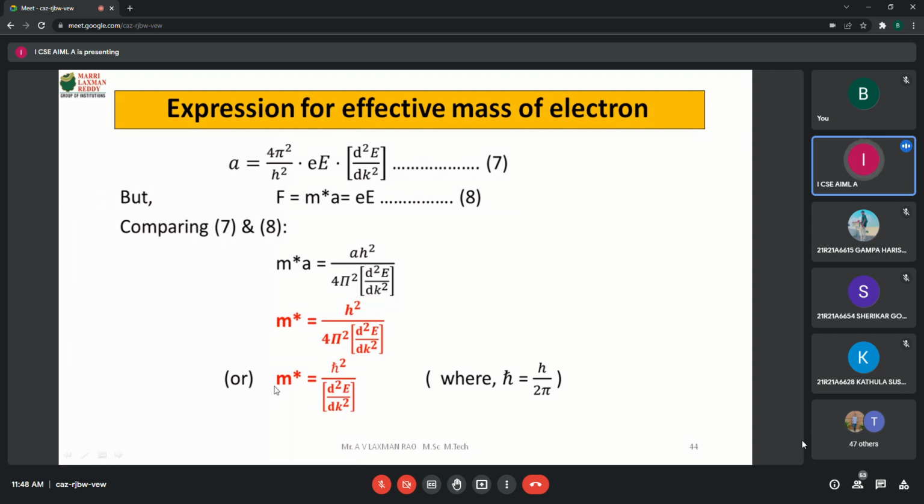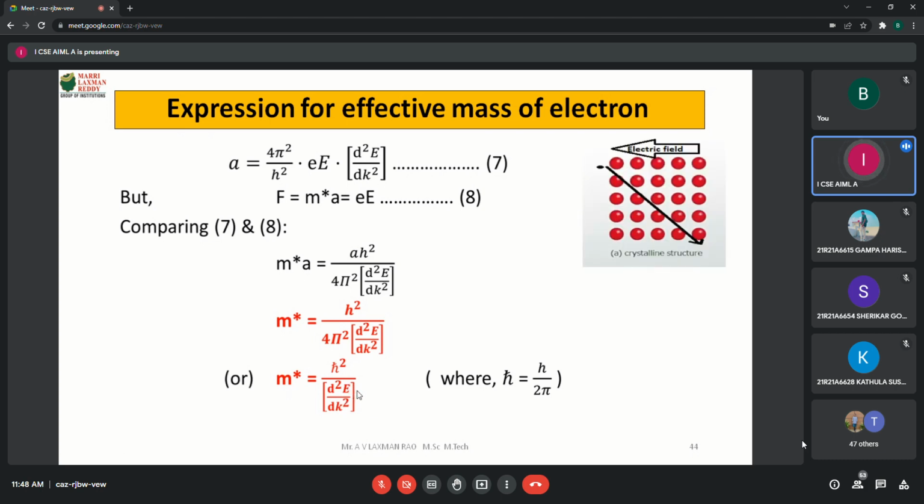For a short answer, you only have to write the expression and the definitions of infinite and negative effective masses. If it is asked as a long answer question, you have to completely derive this. The final expression is h cut square by d square E by dk square.